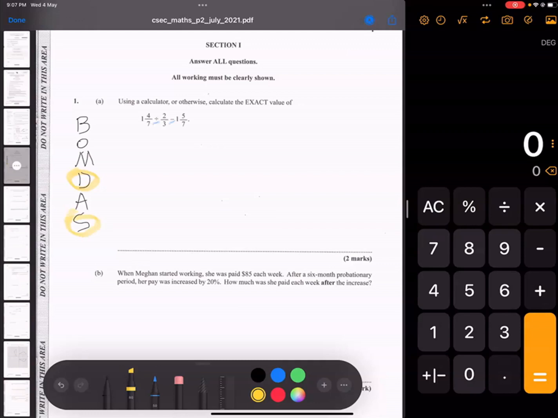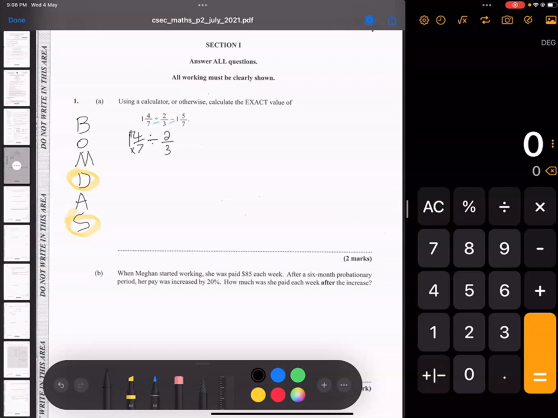So we're going to divide 1 and 4 over 7 by 2 over 3. First, we're going to change 1 and 4 over 7 into an improper fraction, and we do so by multiplying the denominator by the whole number 1, and then afterwards adding the numerator.